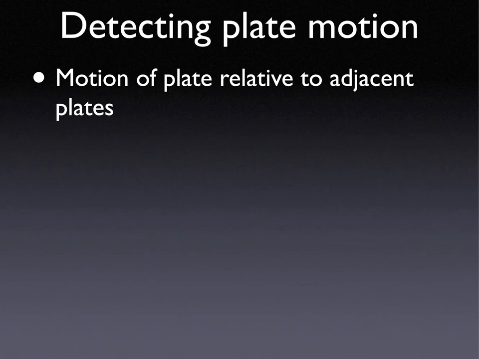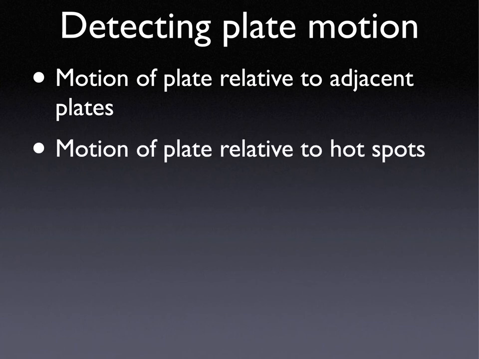So how do we know where plates are moving? Well, first of all, we can measure the motion of plates relative to each other using analysis of faults and some basic surveying techniques, basically. We can look at the motion of plates relative to hot spots. And so you wonder, well, what the heck is a hot spot?